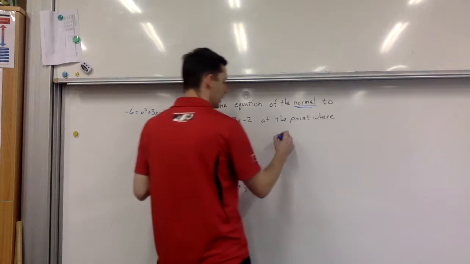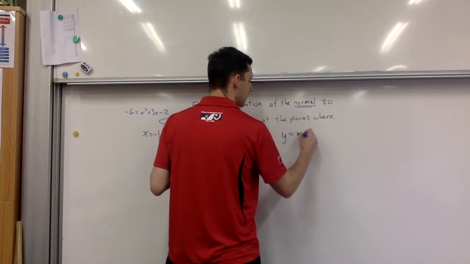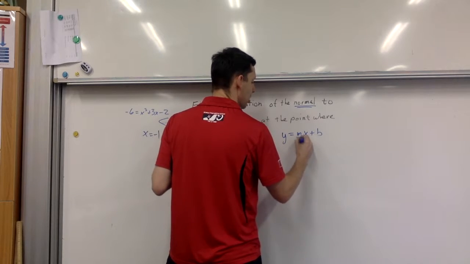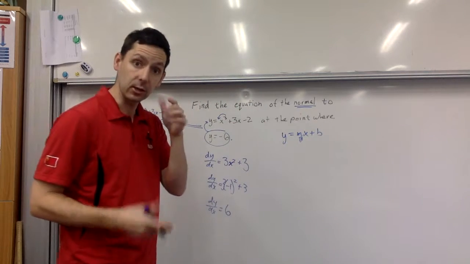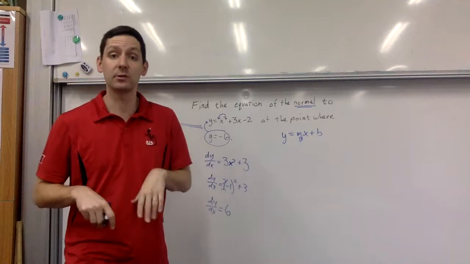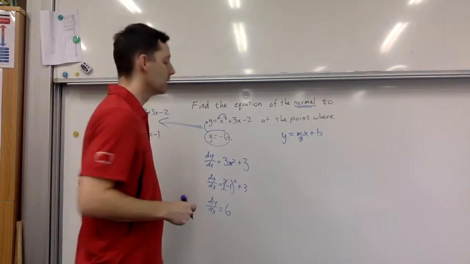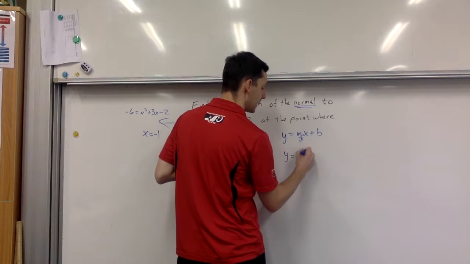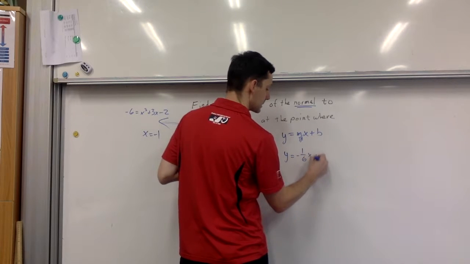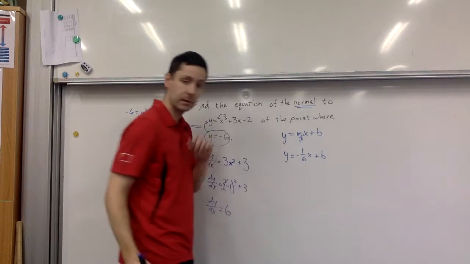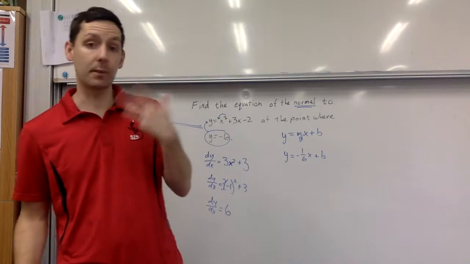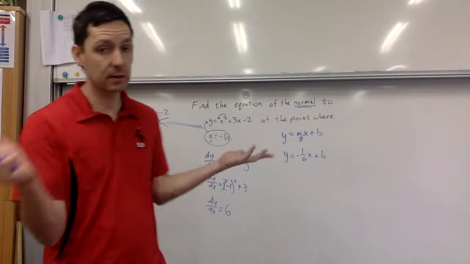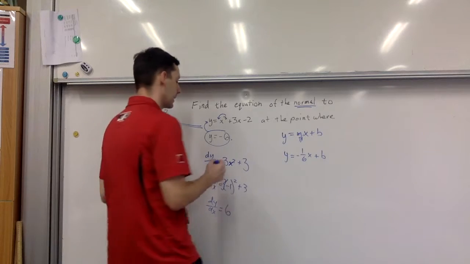So remember, I've got y equals mx plus b. The slope is going to be the normal, the perpendicular, which means I've got to do the negative reciprocal of this slope right here. So this slope was 6, so now I've got y equals -1/6 x plus b. At this point I have to solve for b, which isn't that hard because I already have a point.